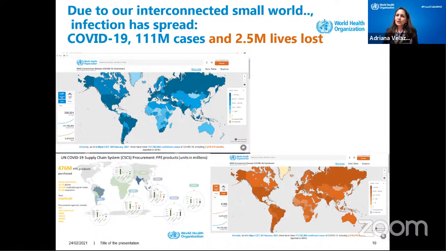UNDP, UNICEF, UNOPS, WHO, they all help support, sending personal protective equipment, and then showing them how it should be used or not, and how to ensure to save the lives of healthcare workers. And still, that's still a challenge.